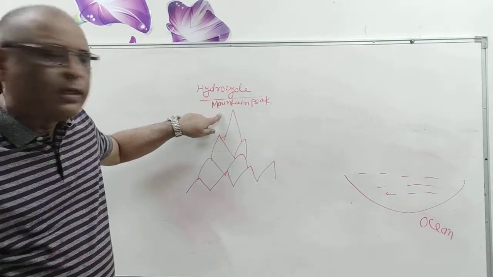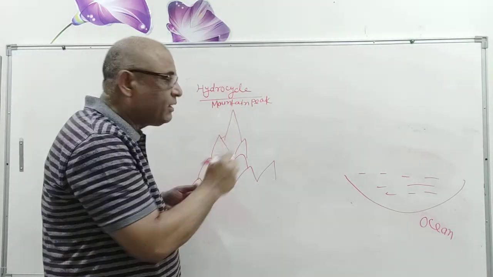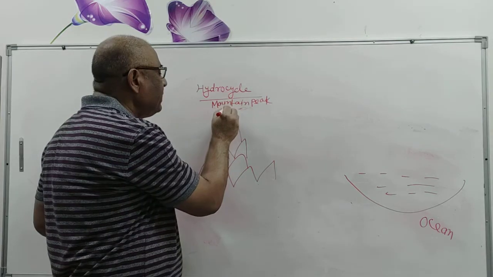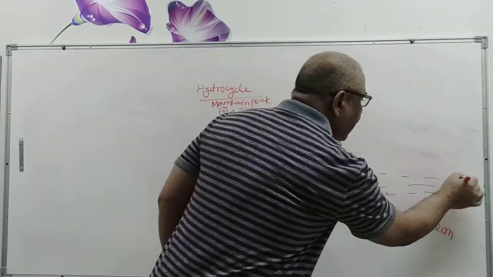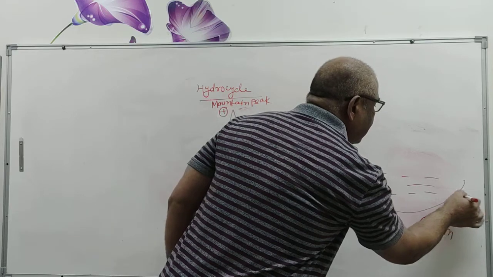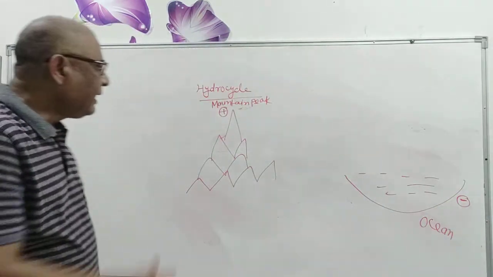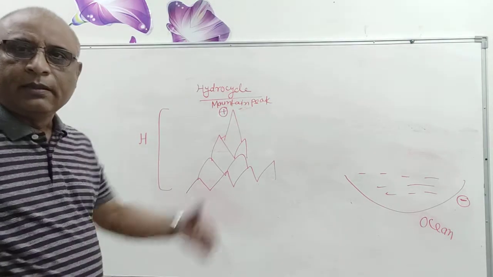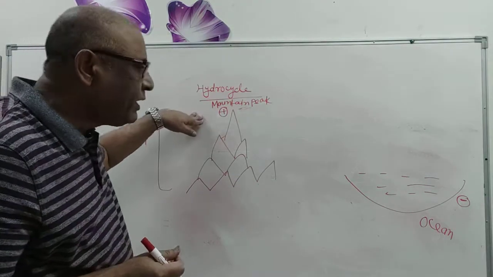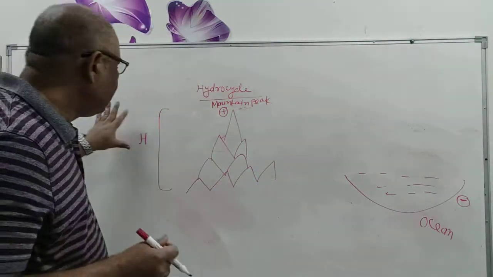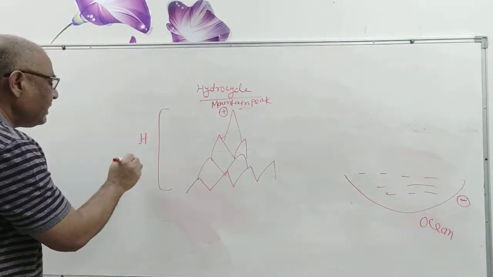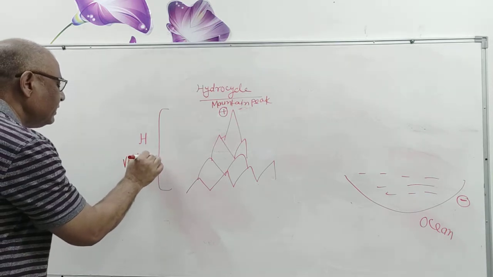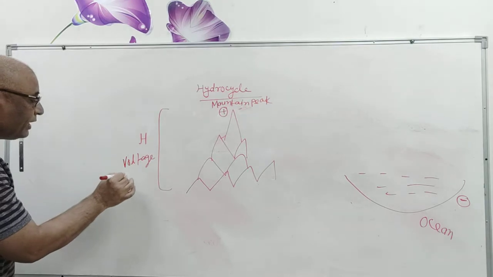Consider the mountain peak as the positive of the cell, and the ocean as the negative of the cell. And this difference of height between mountain peak and ocean, that is H, resembles voltage, our potential difference.